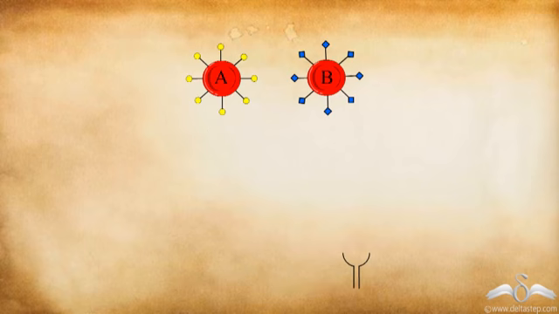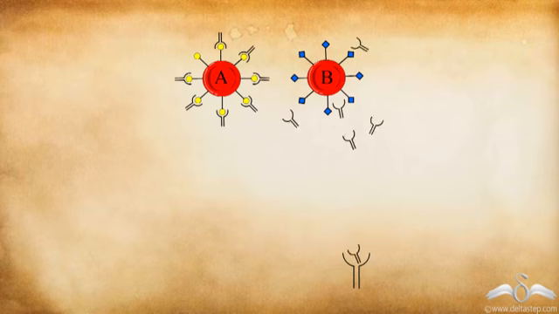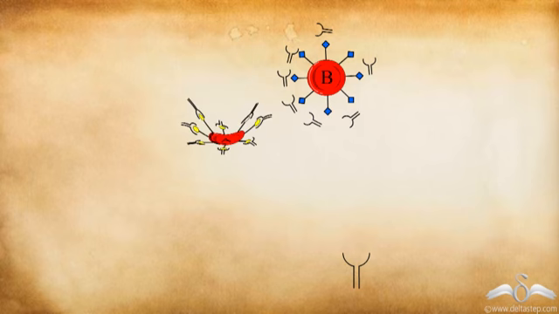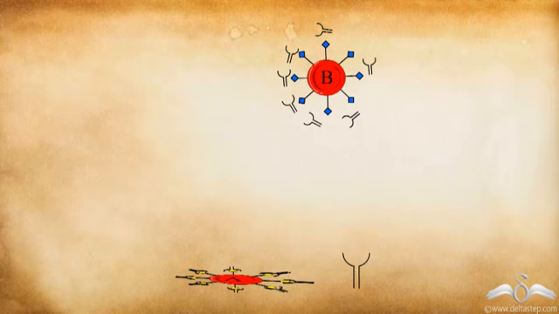Similarly, if a person has a B blood group, he will have anti-A antibodies in his plasma. These anti-A antibodies do not agglutinate with B blood type, but they will agglutinate with A blood if this person gets a transfusion from a man who has the A blood group in his body. Agglutination will take place and the person will die because of clotting of blood.